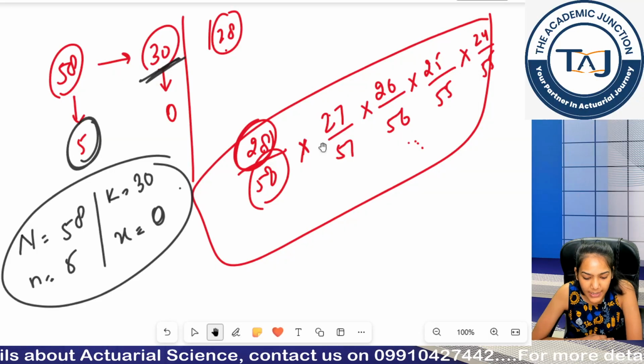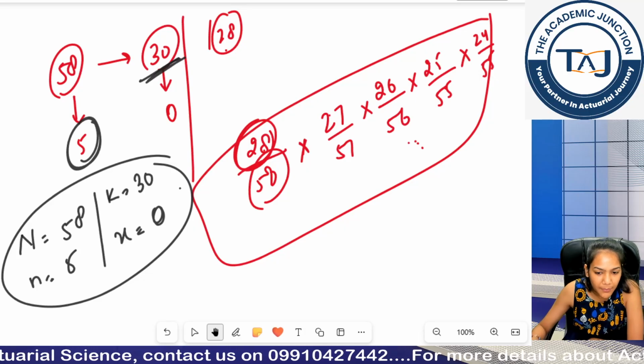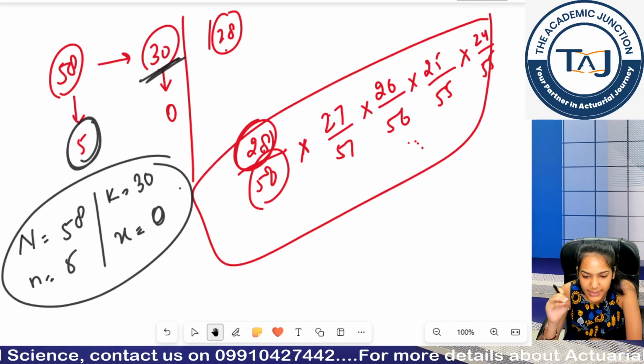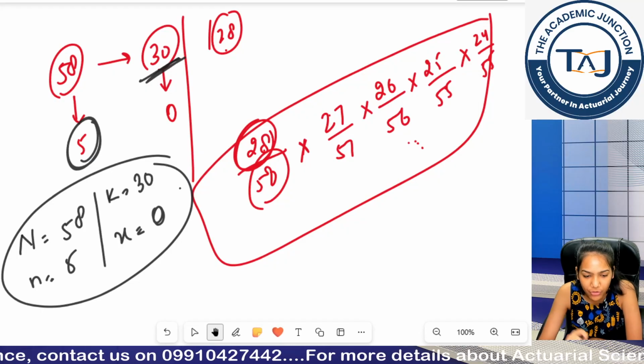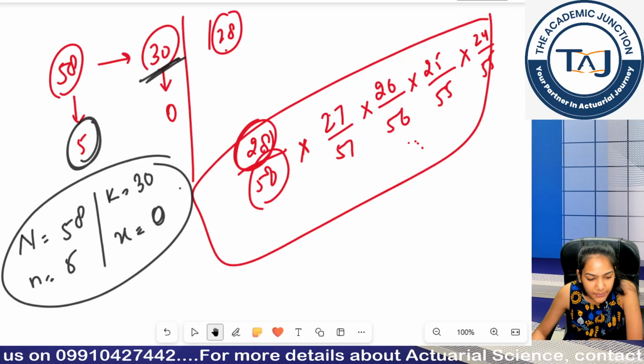If this is clear, give me a yes in the chat room. I am giving you 30 seconds to wrap up everything and then we can start with the most important distribution of our statistics, that is the Poisson distribution. Give me a done in the chat room if it's okay.